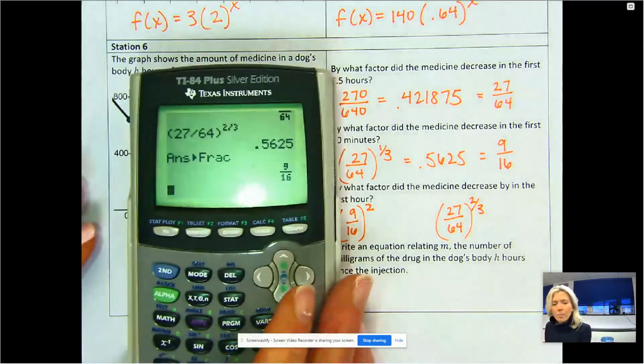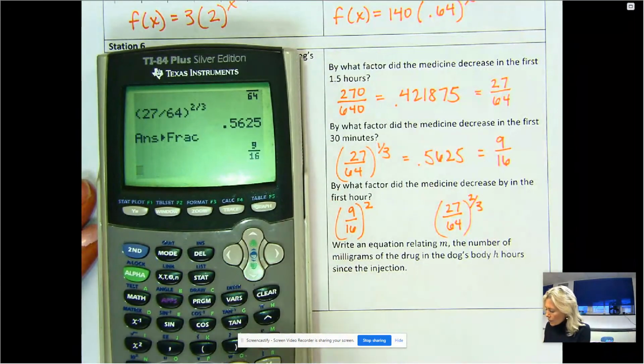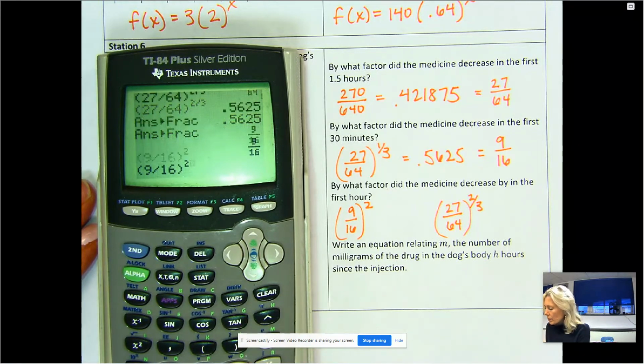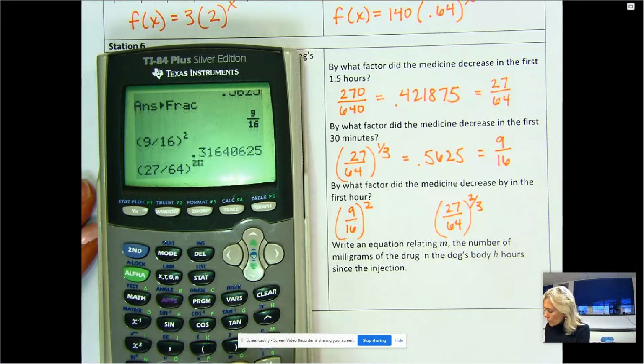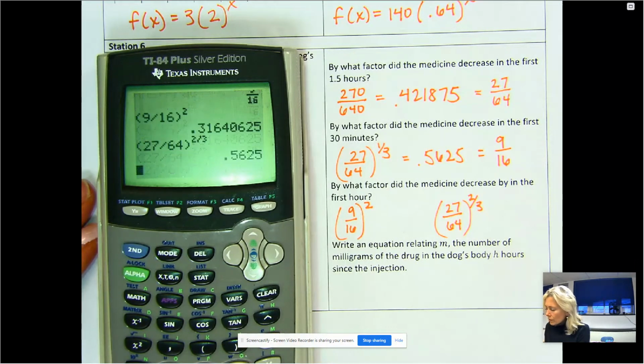So let's look at them both. Okay, so the first one, 9/16 squared, and the other one, 27/64 to the 2/3. Oopsies. What did I do wrong?